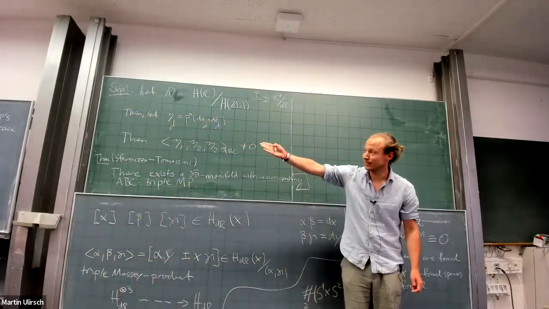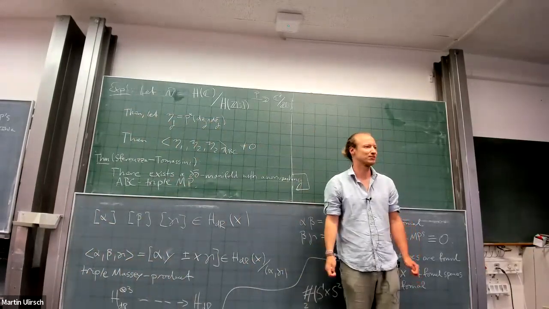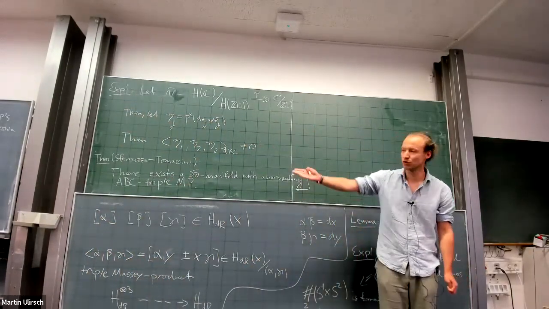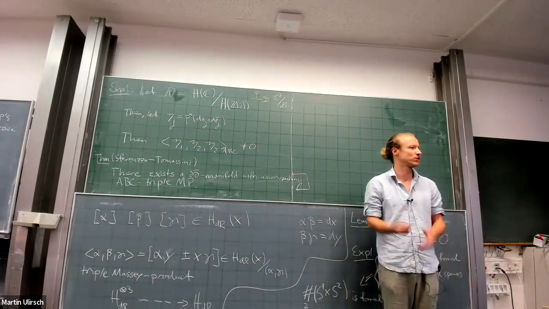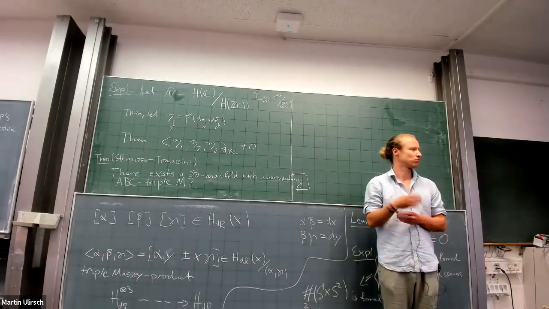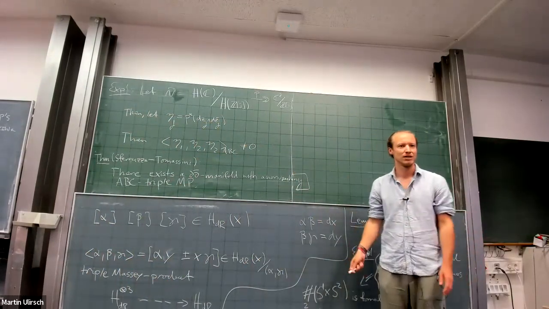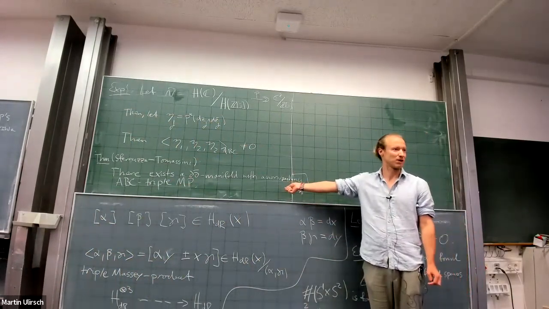So this is good evidence that this question might be interesting, because remember, in the proof I just showed you, the ddbar lemma was the only reason why all of these topological Massey products vanished. And this does not imply formality anymore.